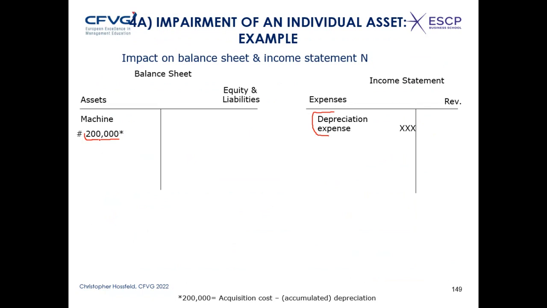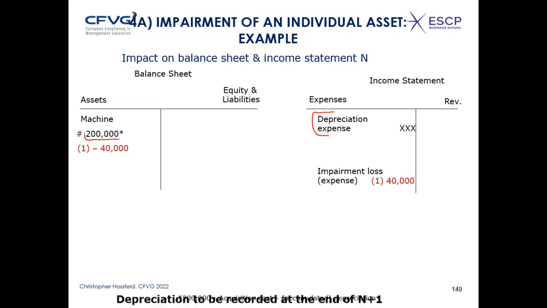So here I have a book value of 200,000 after depreciation, whose amount I do not know, and it doesn't matter here. Now I need to account for an impairment loss of 40,000, and those 40,000 are deducted from my book value. After doing this, I see that the new book value of my machine is 160,000.